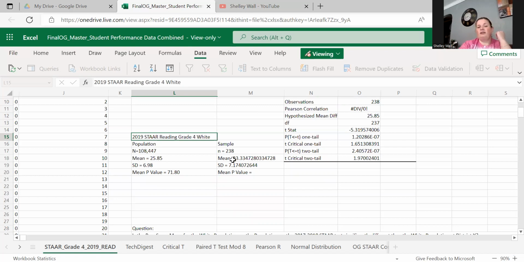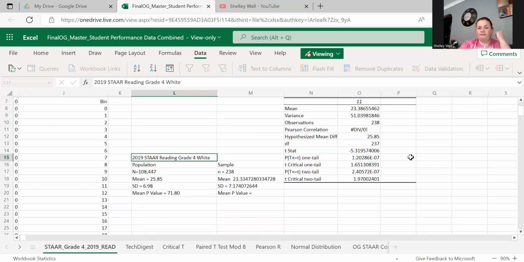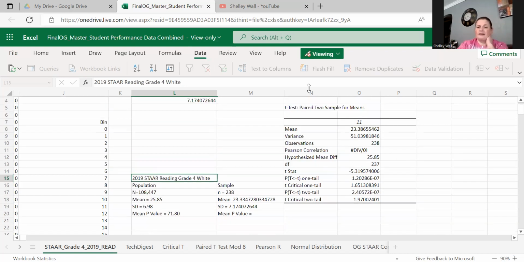So now I'm calculating, and when I calculate my statistics through Data Analysis, t-test paired two sample for means, you'll see I came up with a mean of 23.38. Back here on my population, I had a mean of 25.85.